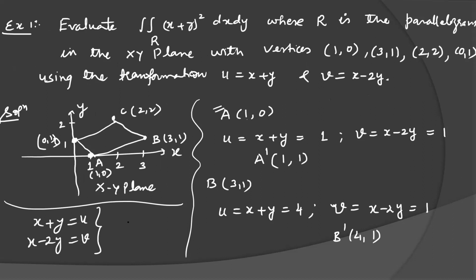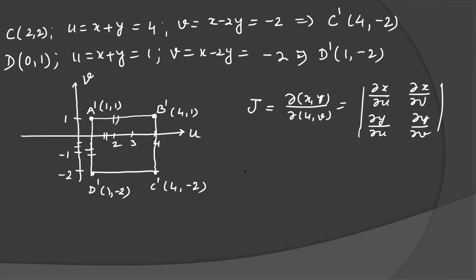So if you calculate x and y, you will get x equal to 1 by 3 (2u plus v), and y equal to 1 by 3 (u minus v). Now you find the Jacobian. So it is going to be 2 by 3, 1 by 3, 1 by 3, minus 1 by 3. So it is equal to minus 1 by 3. Okay, so the Jacobian is minus 1 by 3.